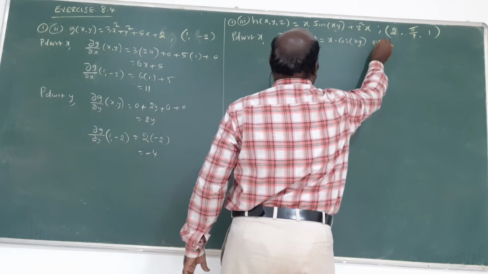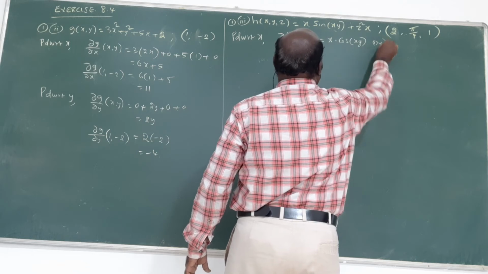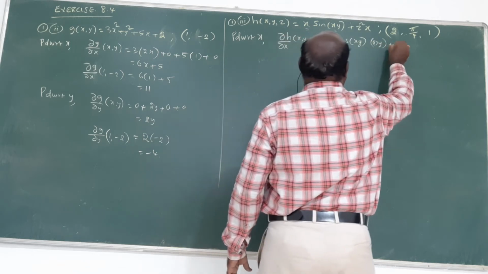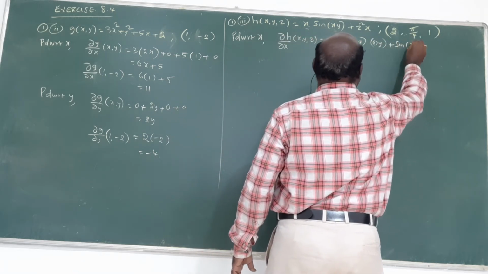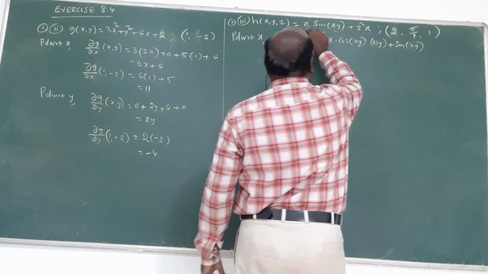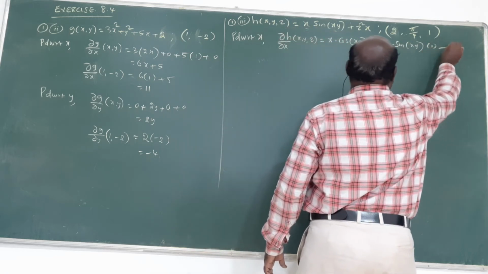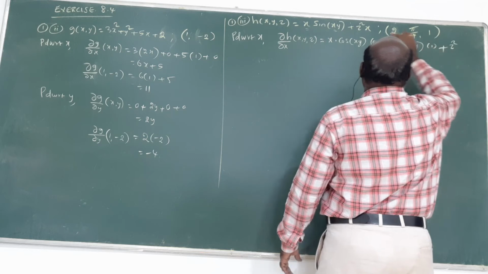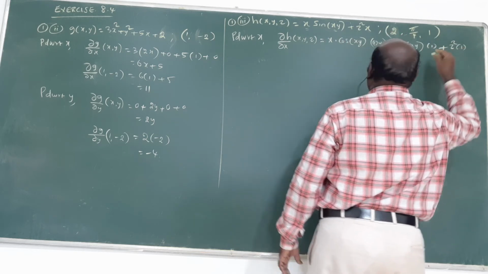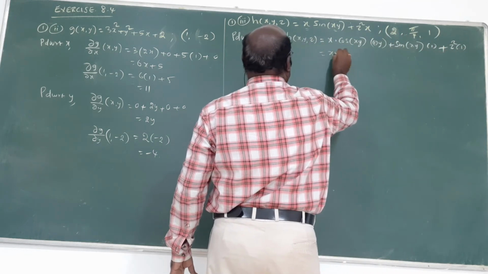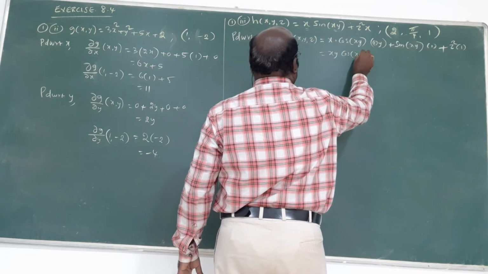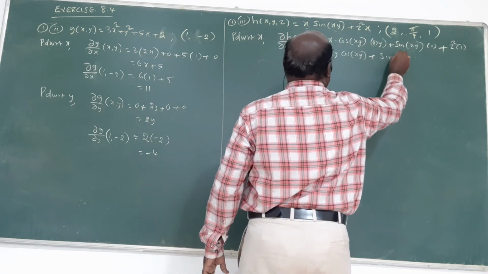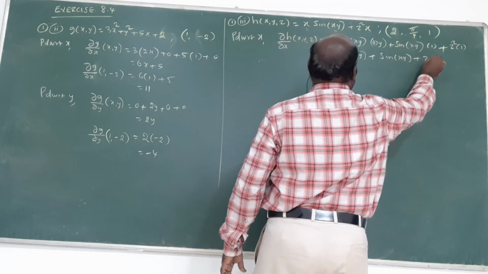The derivative of x is 1, y is constant. Am I right? That's important. Plus sin of xy is fixed here, the difference of x is 1. Plus the last one, z is constant and fixed here, the difference of x is 1. Am I right?